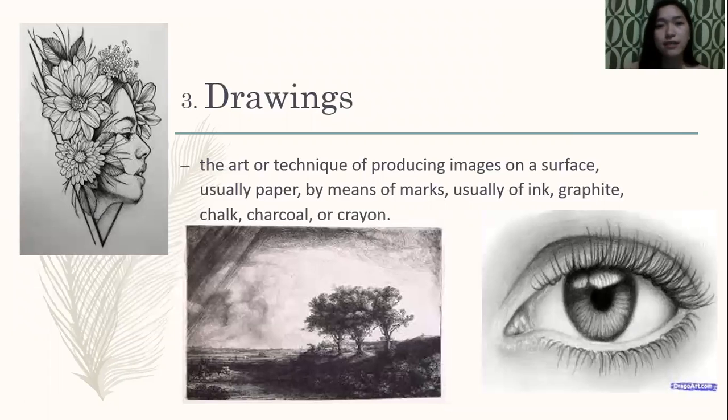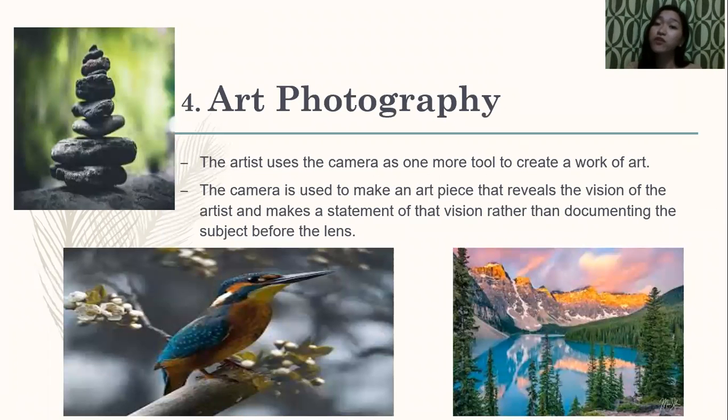Next is drawings. Drawing is the art or technique of producing images on a surface, usually paper, by means of marks, usually ink, graphite, chalk, charcoal, or crayon. We sometimes use pencil and ball pen in drawing. Then art photography.